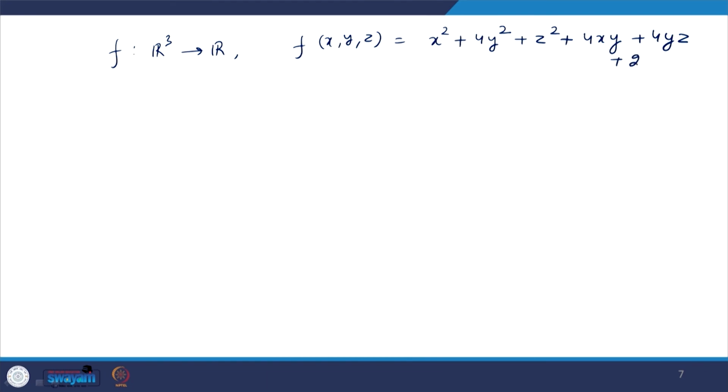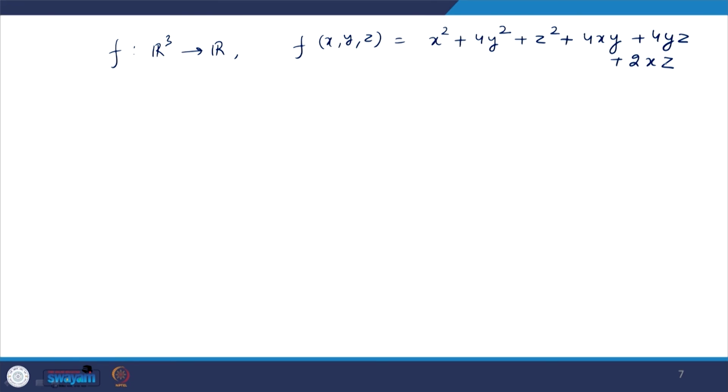Suppose f is from R3 to R, and f(x, y, z) is given by this, plus 2xz. Now, we have to see whether this function is convex or not. How will we see?